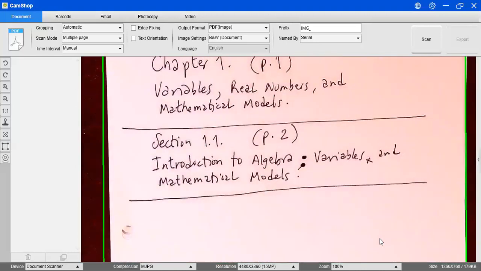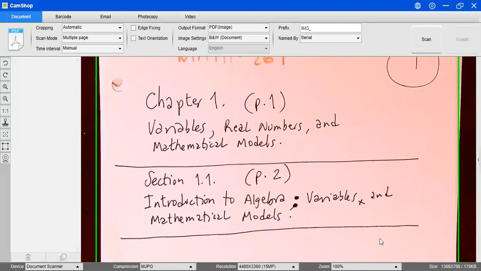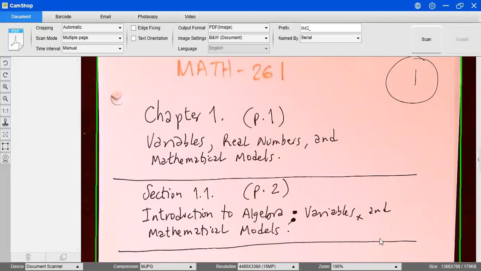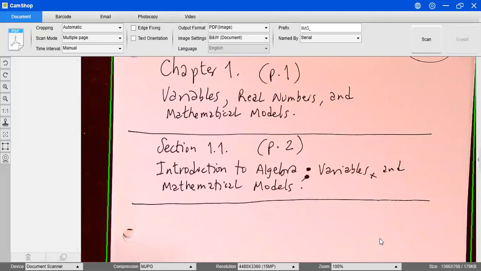So we're going to start talking a little bit about the new words, or maybe words that you already know, but we're going to try to understand the meaning, because this is crucial to understand math, that we understand the words that we use. So the first word that we're going to use is algebraic.